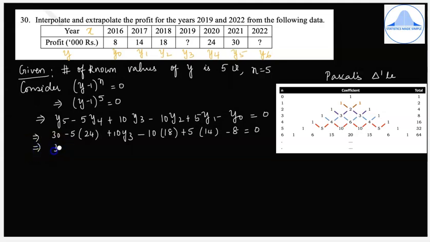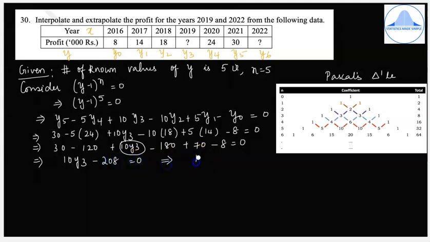Which implies 30 minus 120 plus 10 y3 you can retain as it is, then minus 180 plus 70 minus 8 is equal to 0. Now simplifying further, put 30 minus 120 minus 180 plus 70 minus 8 in a calculator, and on simplification you will get 10 y3 minus 208 is equal to 0.